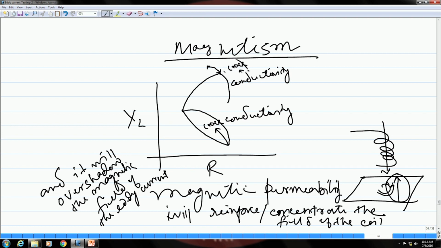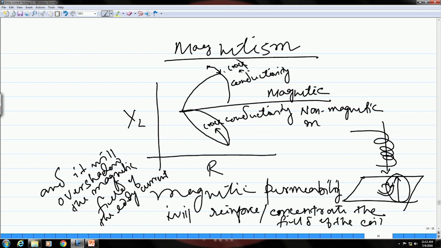So, this is how the response of the ferromagnetic material will be due to the magnetic permeability of the sample itself. This will be the response for a magnetic material, and this will be the response for a non-magnetic material.